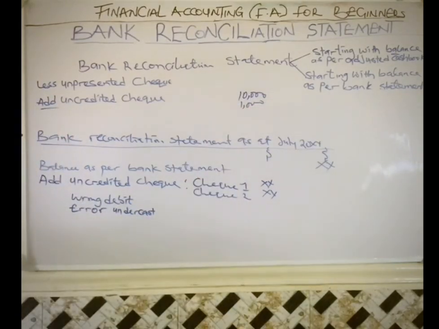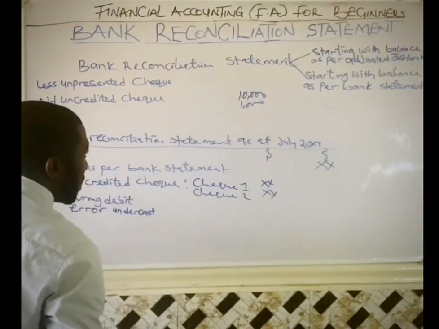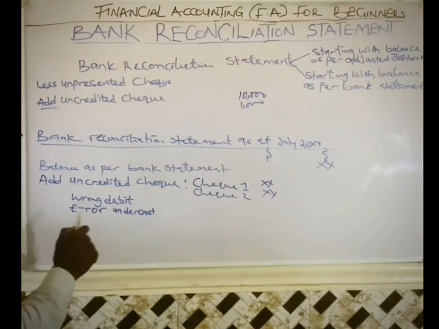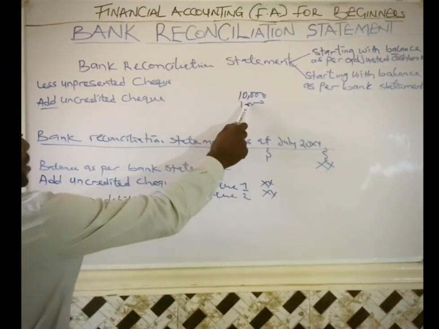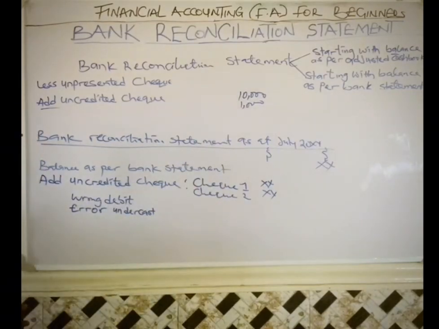Since the cash book balance has shown a debit receipt of this 10,000, I hope you are getting it, and it was wrongly credited with $1,000 instead of 10,000.